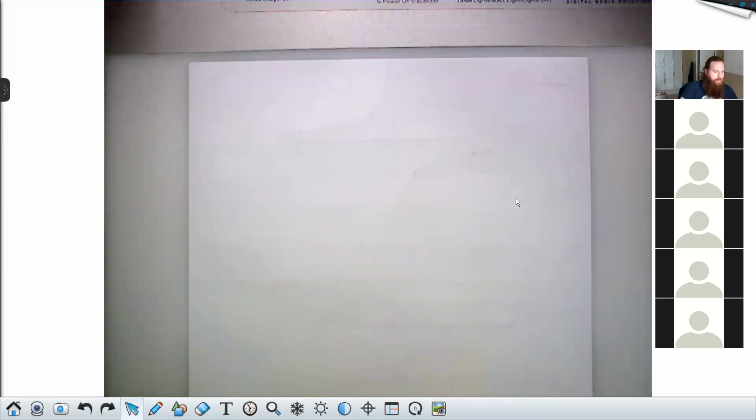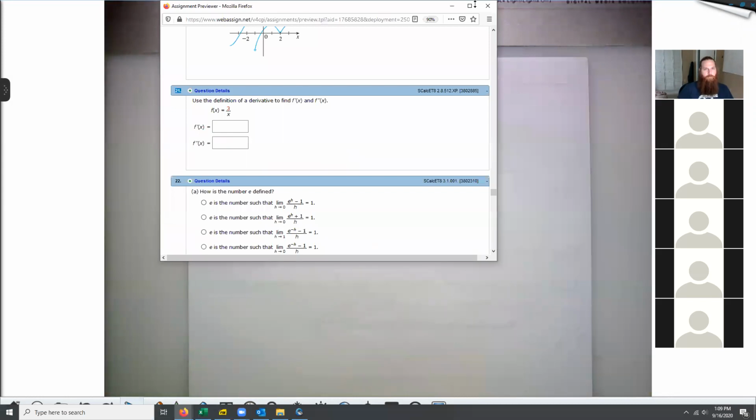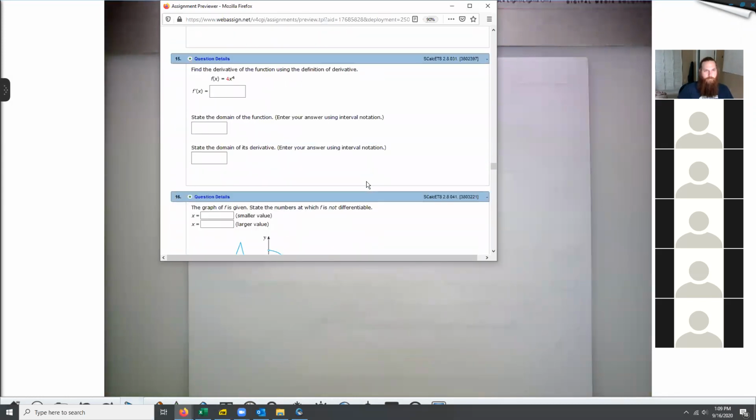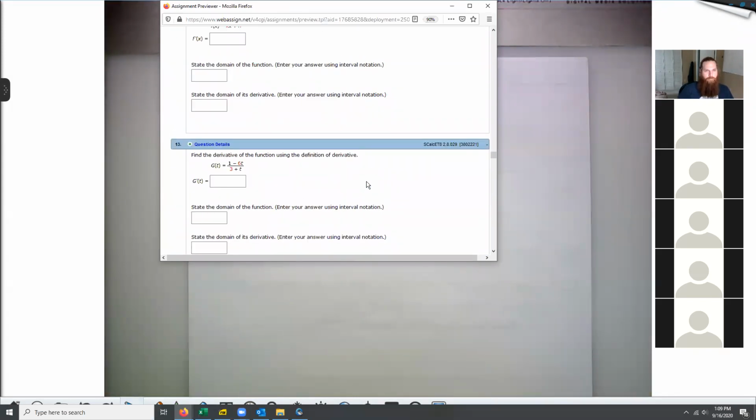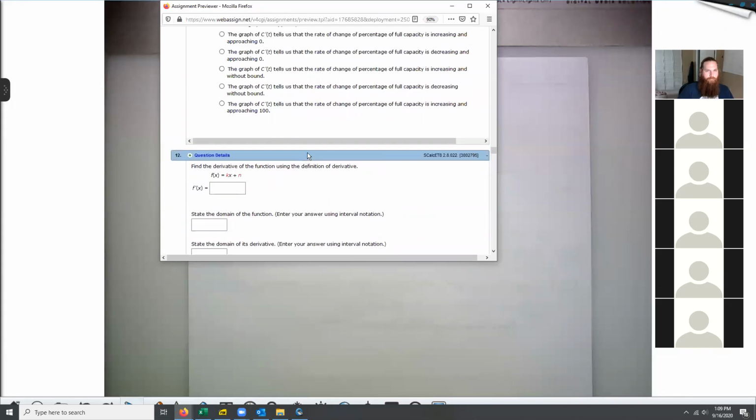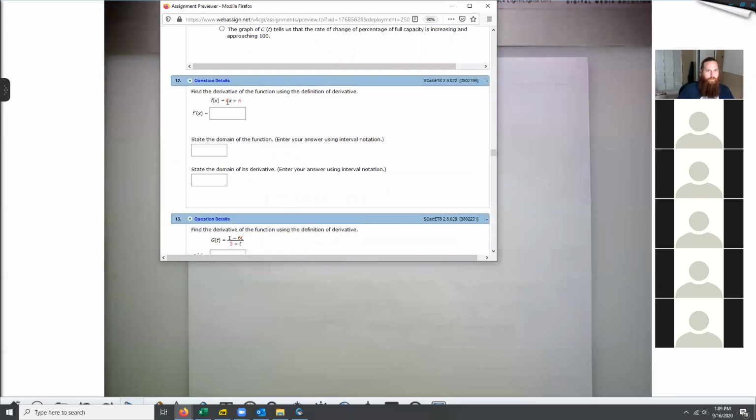So there's plenty of problems in your homework that say calculate f prime using the definition. Let's do a couple together, all right? Where's the first one? This one, I trust you guys can handle on your own. I'm not going to spoil this one for you. Somebody in chat actually mentioned this the other day, right?